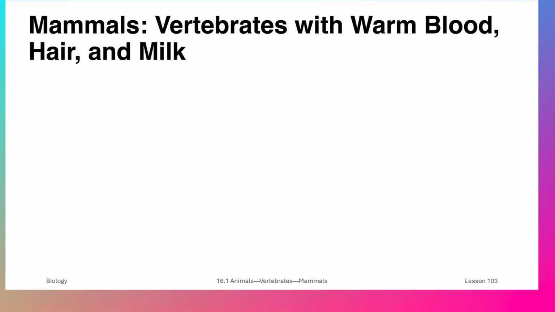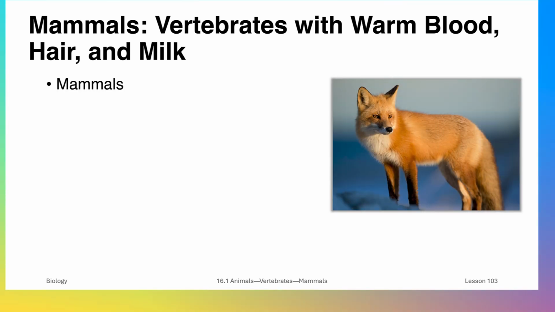Now, mammals are distinguished from other vertebrates in the fact that they have warm blood, hair, and they produce milk for their infants. So the mammals, which we'll talk about in the next few slides, are vertebrate animals that are separated off from other vertebrates like reptiles and fish in the fact that they are warm-blooded, they have hair, and they produce milk for their young.